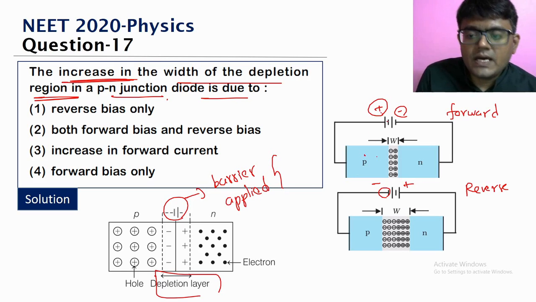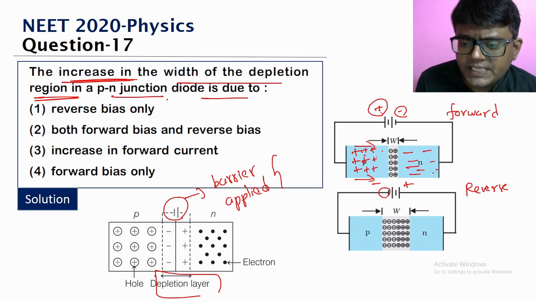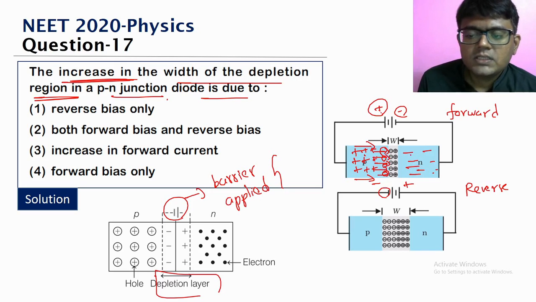If we are doing forward biased, imagine. So what is there on the P side? All positive charges. What is there on the N side? All negative, majority. Now positive terminal of the battery is connected to the P side, means what? These positive charges will be repelled away, means they will be pushed to the other side. See, here you have a depletion zone up to this much, imagine. Now these positive charges are pushed away, so they will go and occupy, means there will be the charge nullification.